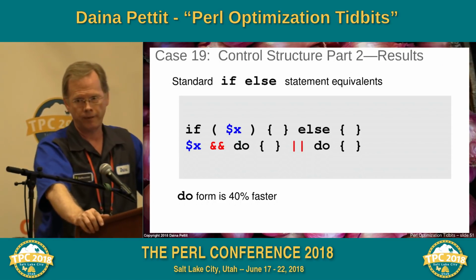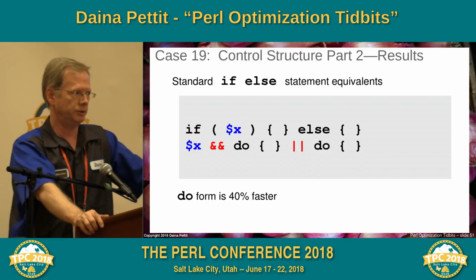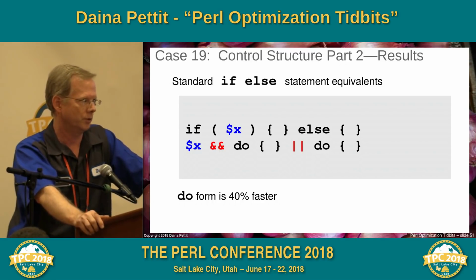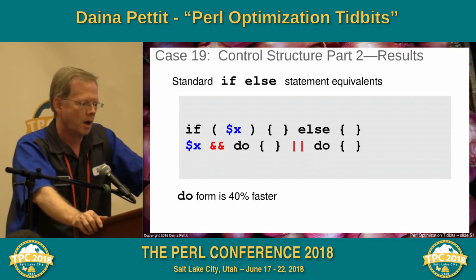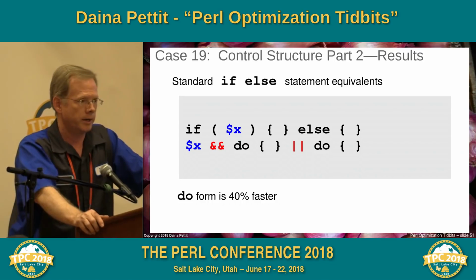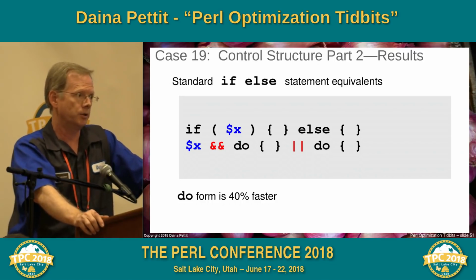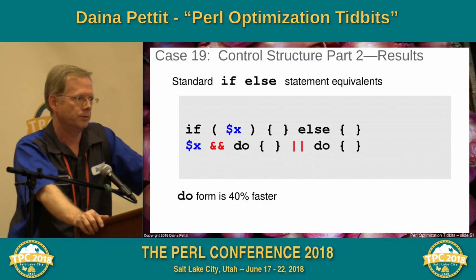I'm not sure I'd recommend that form for readability, but it's interesting that there's a bit of a hit there. Did you test English and/or versus logical and/or? In this case, I did not, and maybe I should have, because in the earlier testing, it appeared to be a big difference. So that may be another route to go.